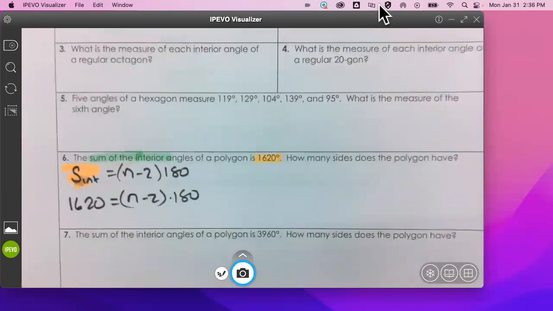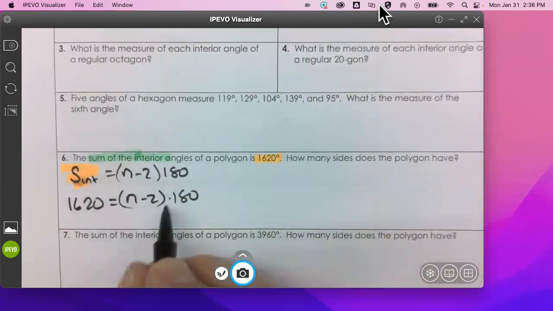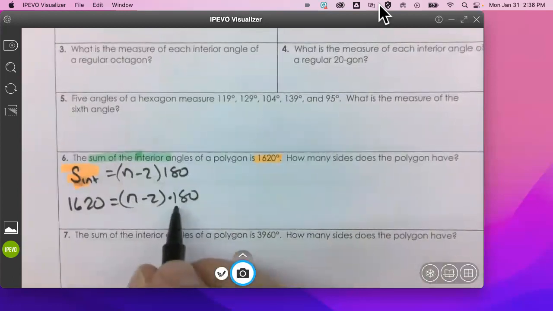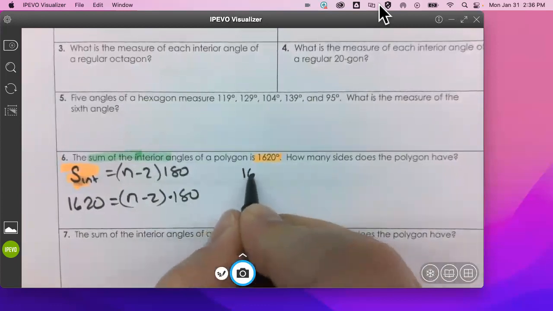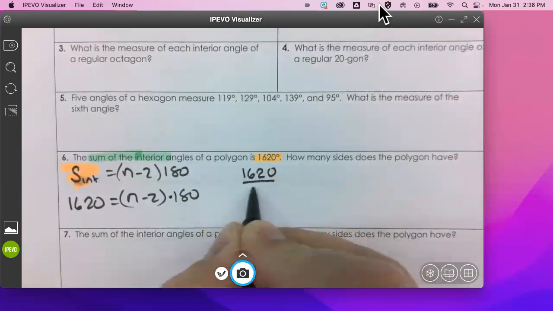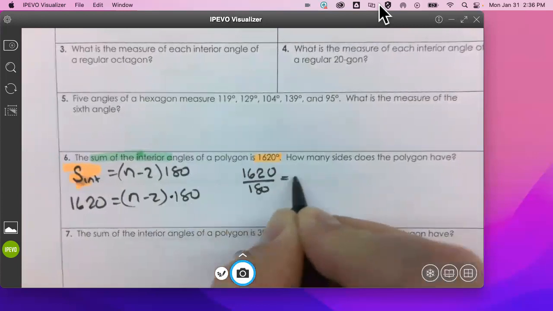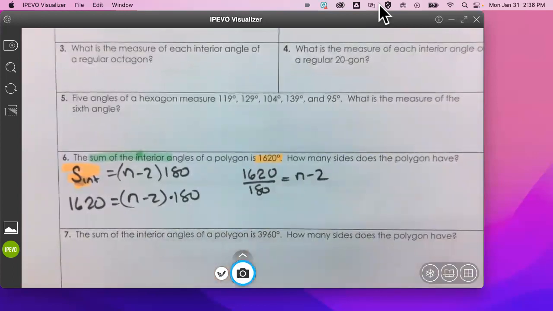Easiest way to do that would be to kind of peel off the onion layers to get at my n. Right now, this parentheses is being multiplied by 180. How do I undo that? What's the opposite of multiplying by 180? Dividing. So the next line is going to be 1620 divided by 180 is equal to n minus 2. And now I want to cleave off that minus 2. How do I do that?